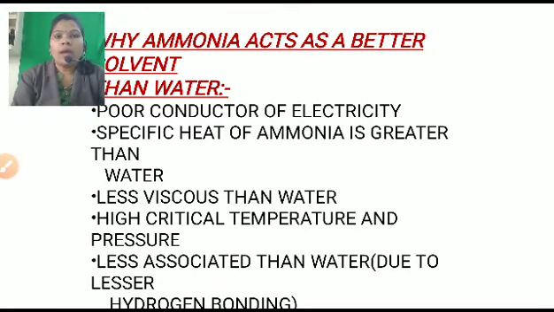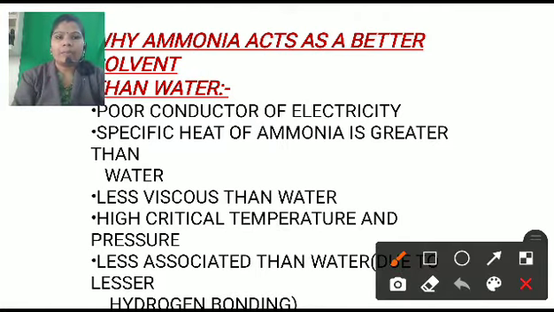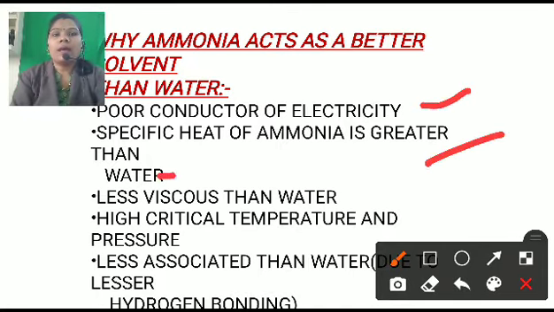Next, why does ammonia act as a better solvent? Because ammonia is a poor conductor of electricity. The specific heat of ammonia is greater than water, and it is less viscous than water.